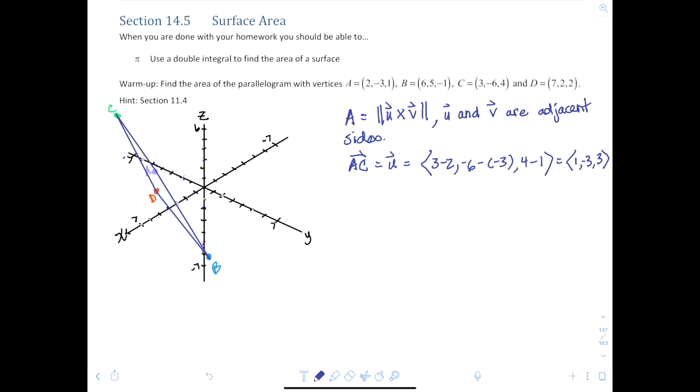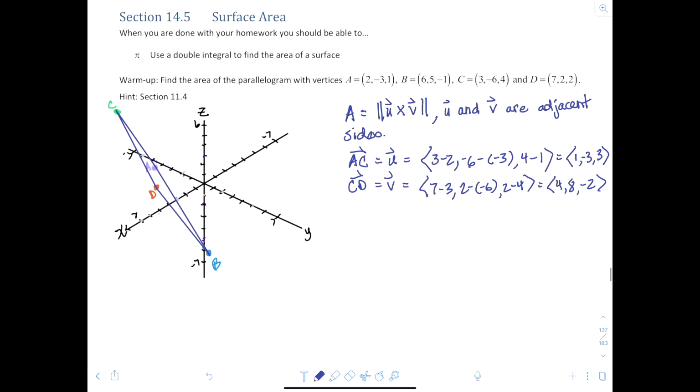And then if we use CD as our V, we would get 7 minus 3, 2 minus -6, and 2 minus 4, which gives us (4, 8, -2). Good so far? All right.